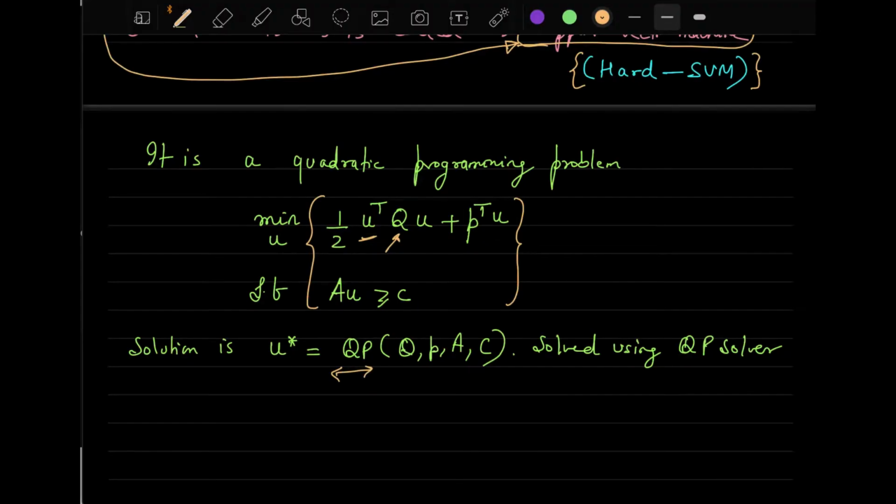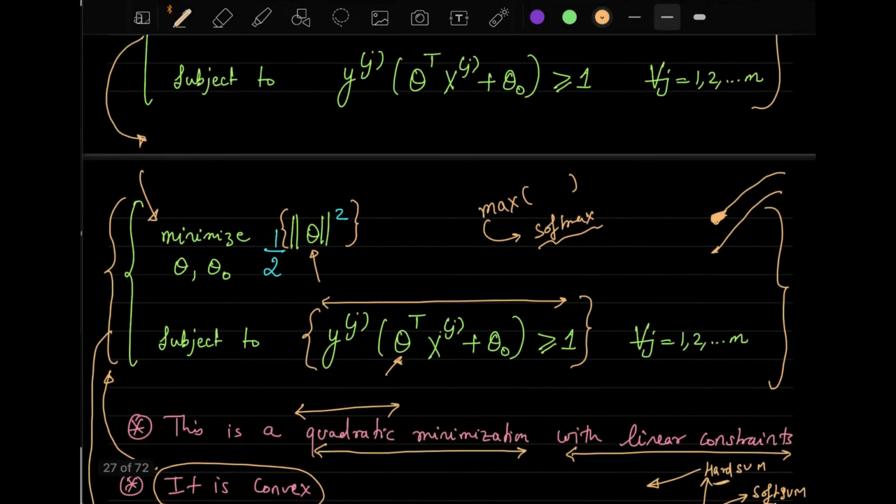You can use these as an argument to solve using these quadratic programming algorithms, and whatever value you get will be the solution. So this is a very typical standard format: some convex optimization problem is there, and you make use of existing libraries in Python or MATLAB to solve for the thetas and the theta zeros.